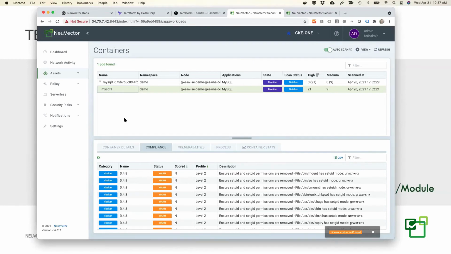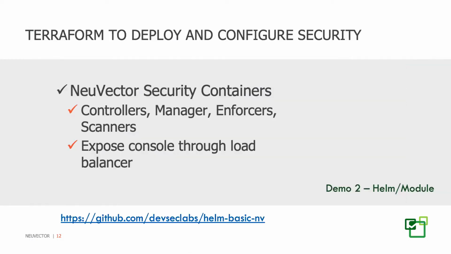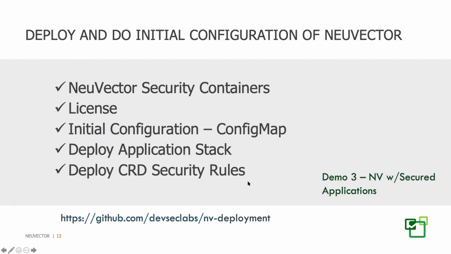So let's flip back now to our flow here. So we deployed a simple example. This one integrated the Helm chart of NeuVector into that deployment. But a more secure deployment would be, number one, deploy your infrastructure and your Kubernetes cluster.